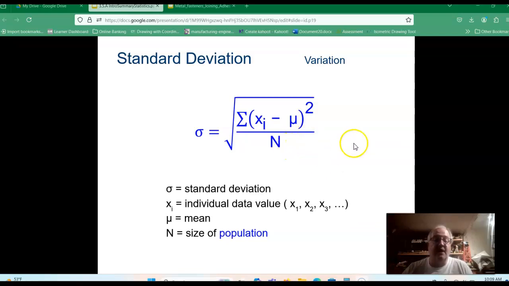This is the formula that we use to get standard deviation. You don't need to memorize that formula. You will be given that formula on any quiz or test, but you do need to know how to actually apply it by plugging and chugging the numbers from your data set in order to calculate standard deviation.